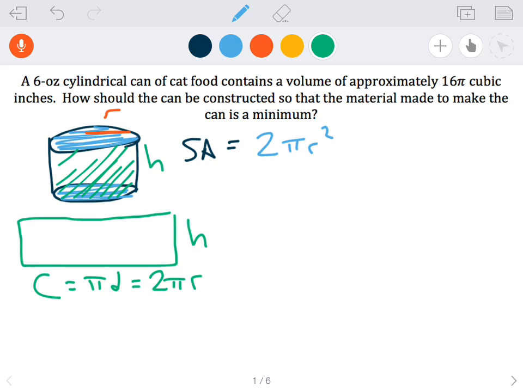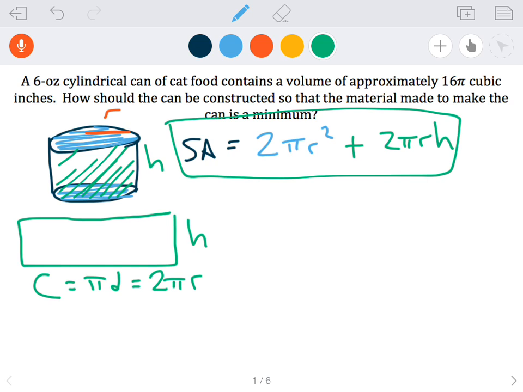Trying to minimize the number of variables I use here. So surface area, I add to that the rectangle, which is 2 pi r, that's my length, times my width, which is height. And now I've got a nice equation here for the surface area.